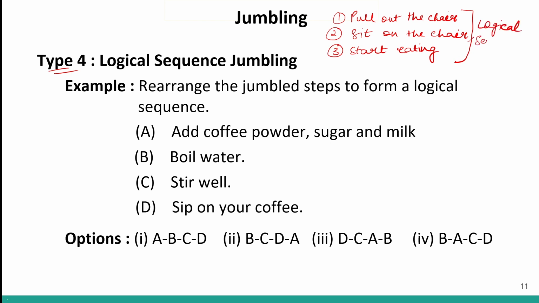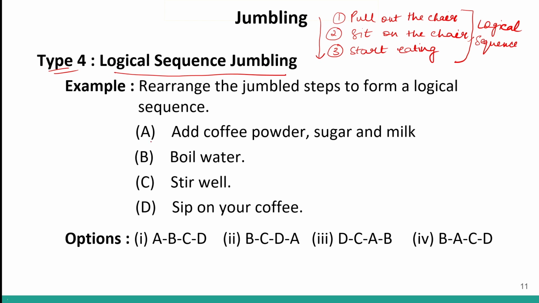We cannot change this sequence. Things will be done in this order only. There is no other way we can do these things. This is the logical sequence. We have to follow this sequence, otherwise the job done will be inappropriate, right? So this is how we solve questions for logical sequence jumbling.